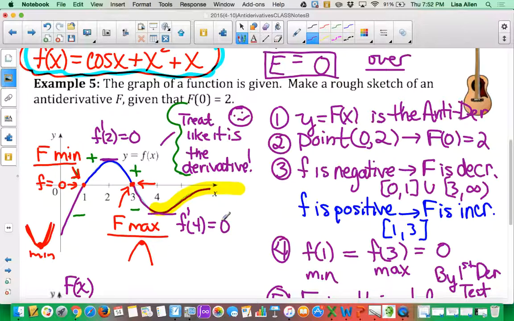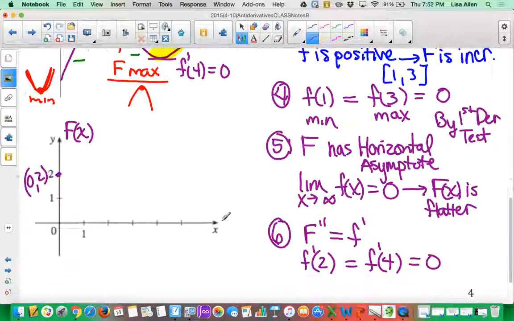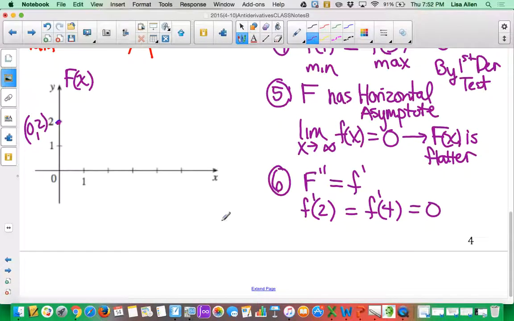Knowing that capital F double prime is equal to lowercase f prime, then we have capital F double prime of 2 is equal to capital F double prime of 4, and they would be equal to 0 also.